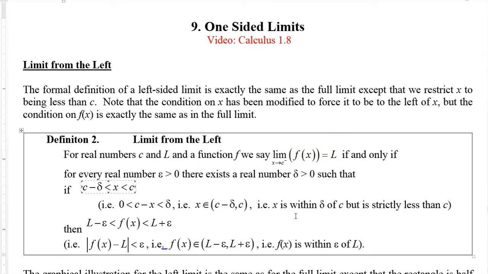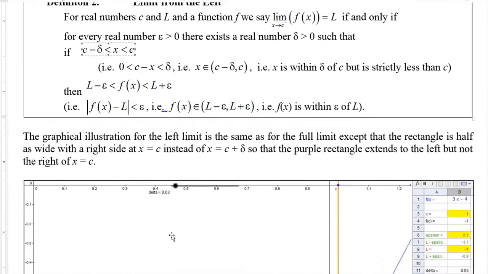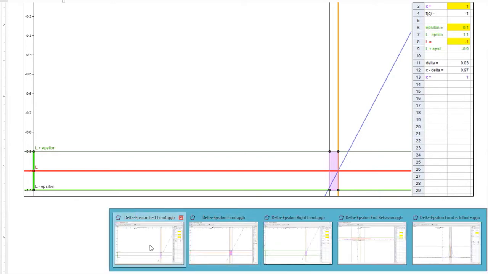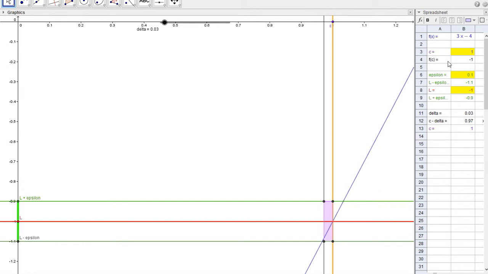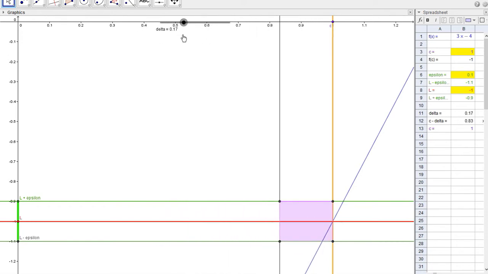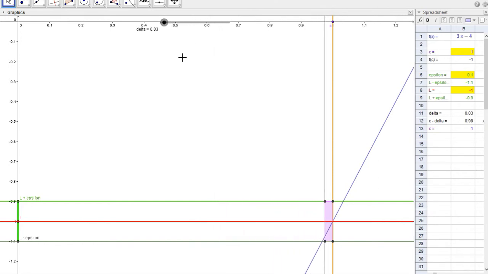But notice that the condition on y, on f of x, is not changed. It's exactly the same as in the regular limits. So now if we look at our little rectangle here, notice that as we move delta, it only goes to the left of the point, and then it comes in closer and closer as we put a smaller value of delta until we get this part inside the rectangle.